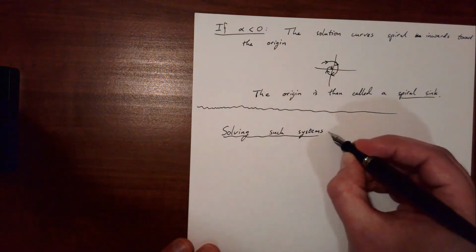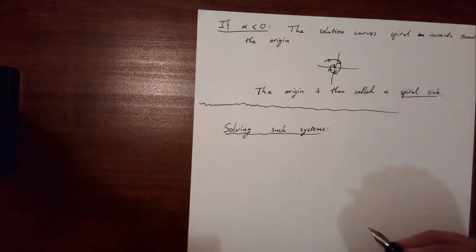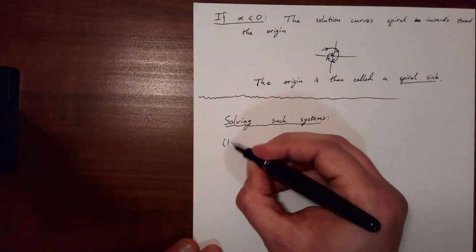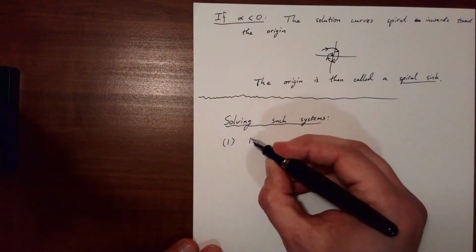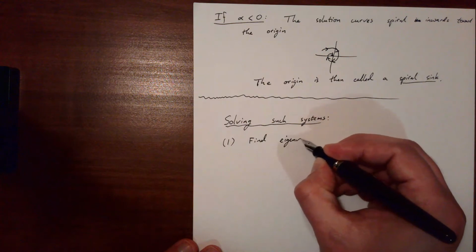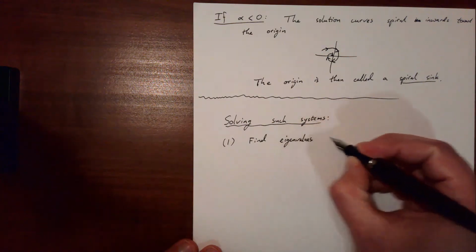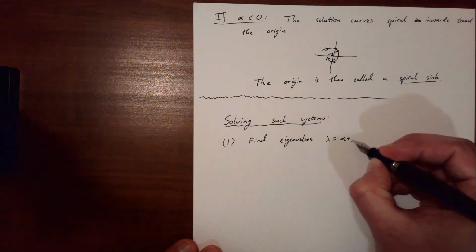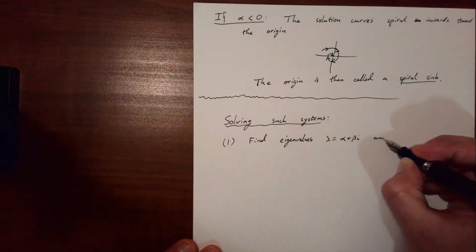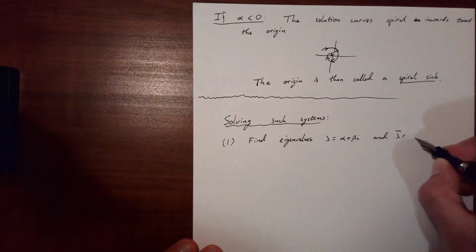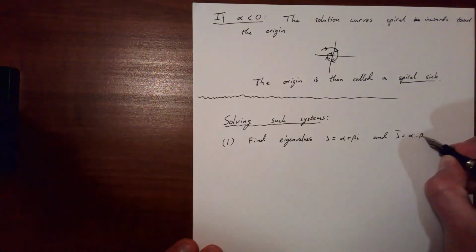Well, first off, what we absolutely have to start by doing is finding the eigenvalues. Find eigenvalues lambda, alpha plus beta I, and lambda conjugate, alpha minus beta I.